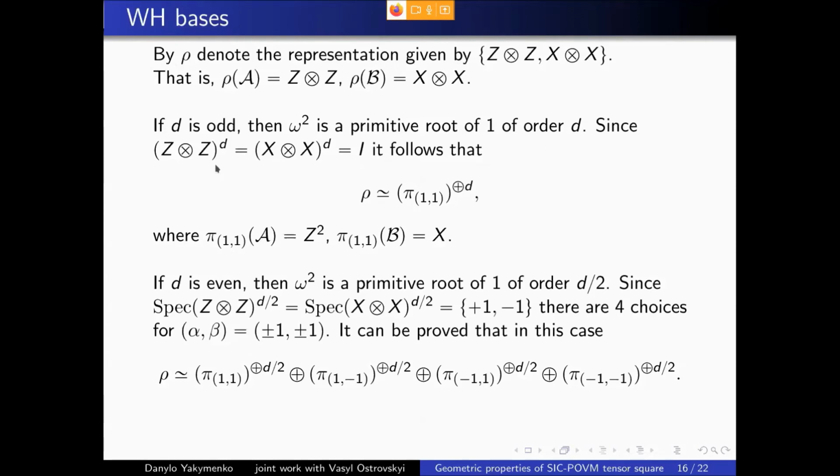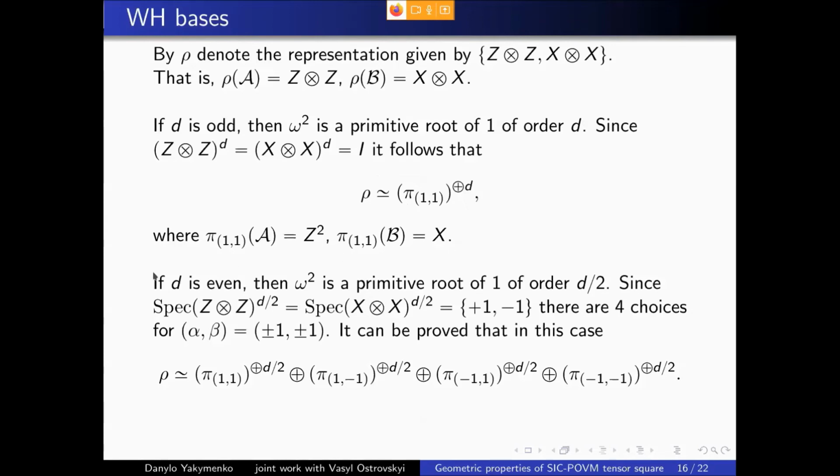And so every irreducible representation will be in dimension D, and we can look at the spectrum of these powers to conclude that this representation rho is just a direct sum of P11 as defined in the theorem, right? We can actually write explicitly what P11 is in this case.